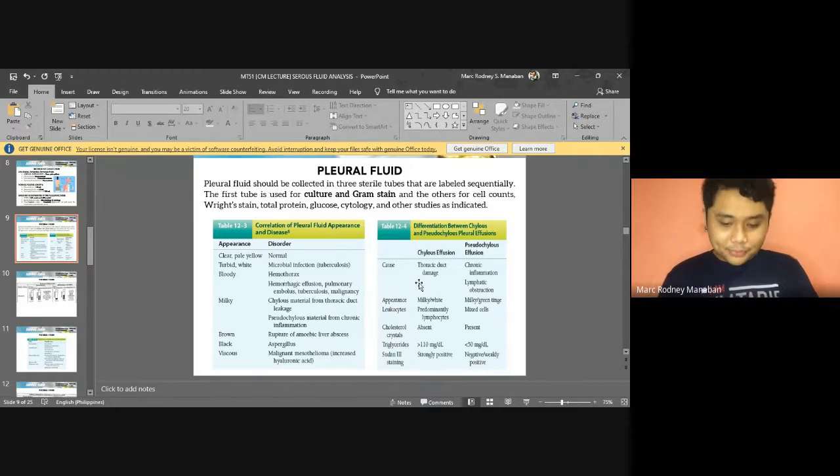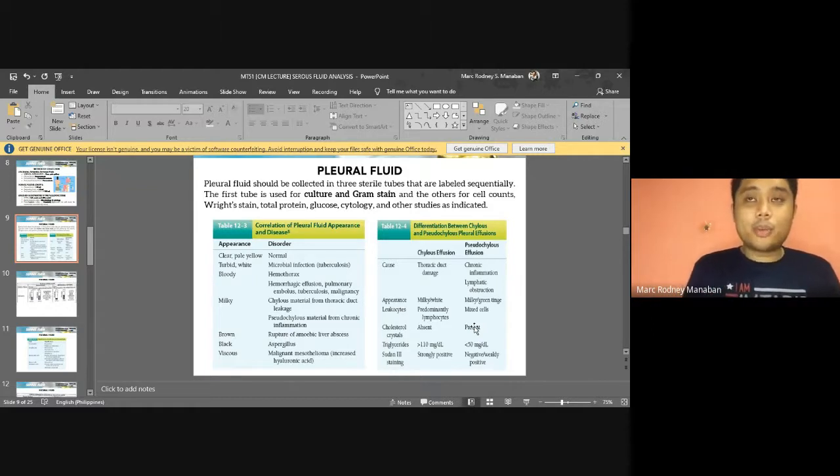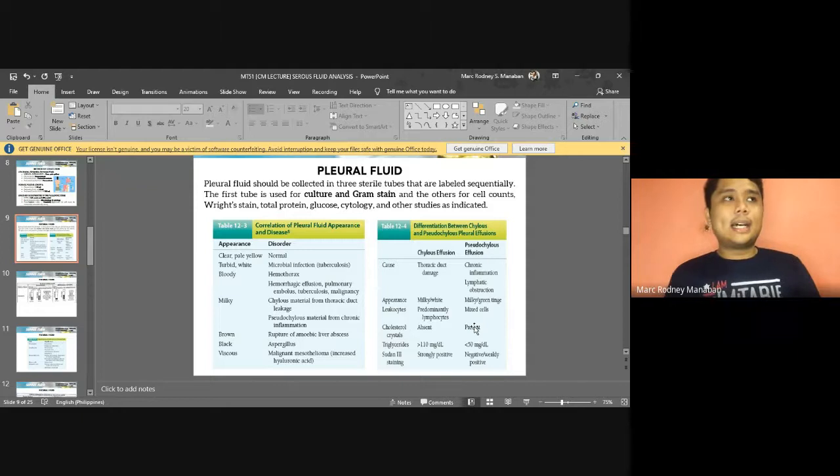Whereas pseudochylous has more cholesterol compared to chylous effusion because of chronic inflammation. All right, so possibly the cholesterol degenerated and was seen in the fluid, so therefore there is more of it in pseudochylous. But again, what we look at, dears, is the triglycerides.